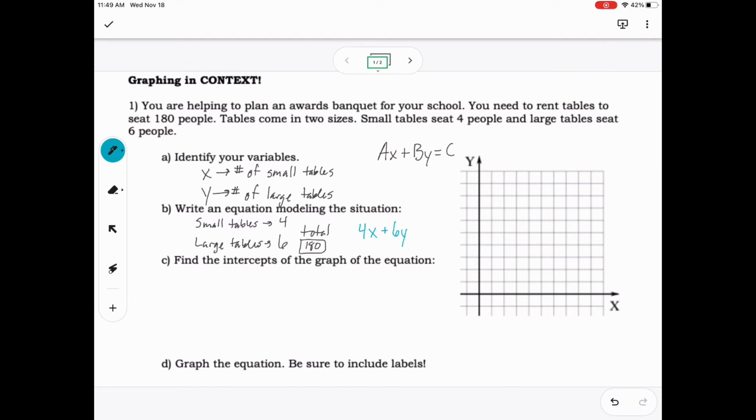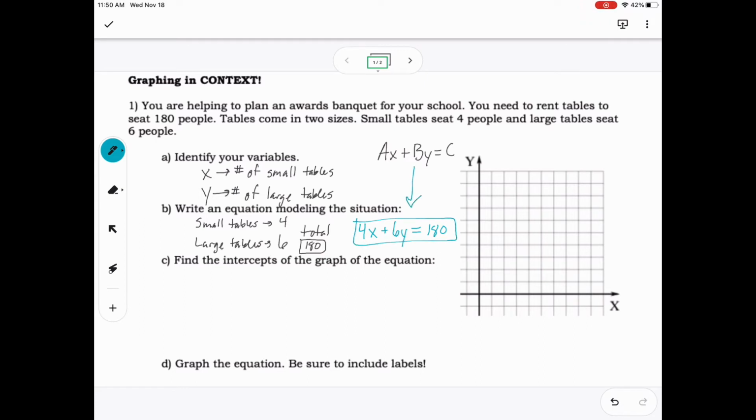Using that logic, they're both talking about large tables, but one is saying how many you can fit at a table, and the other is telling me how many of those tables I have. And then overall, this needs to be total, so add it all up, I need to have enough room for 180 people. Okay, so there's my equation.